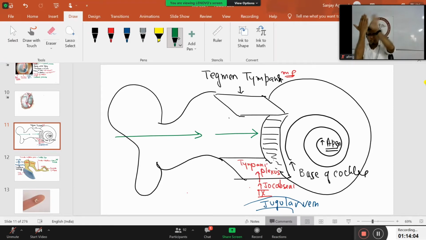You can't see this boundary. But if you remove this, you can see this boundary. And there's a roof like this. There's a floor below. There's an anterior boundary, a posterior boundary here. So imagine you open this wall, this wall, this wall, this wall. You open them up.